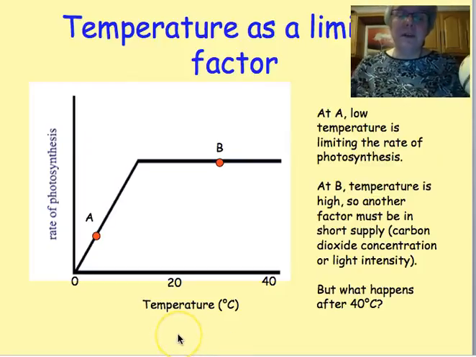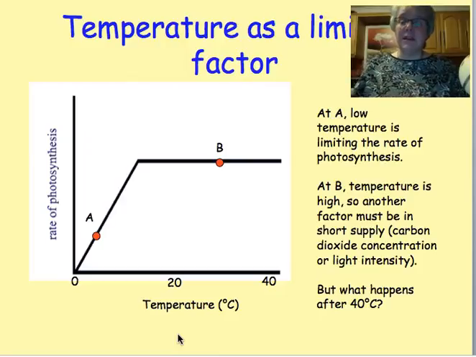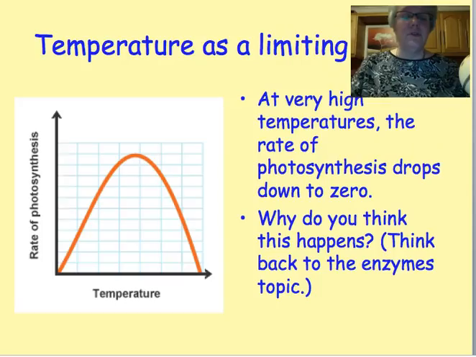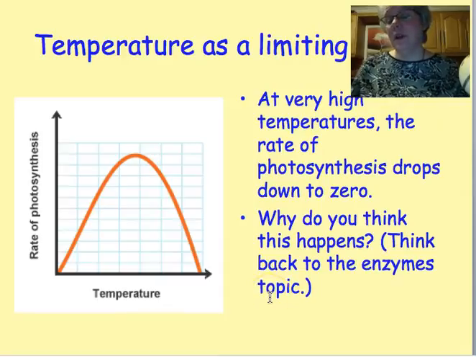There's a little bit extra that I'm going to say in case a graph comes up that looks slightly different from this one. That is to do with temperature, and it's based on what happens after 40 degrees Celsius. What you have to remember is that photosynthesis is dependent on enzymes.